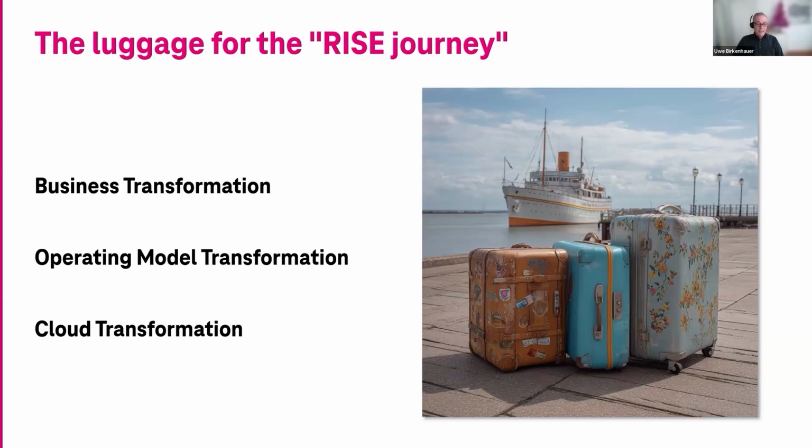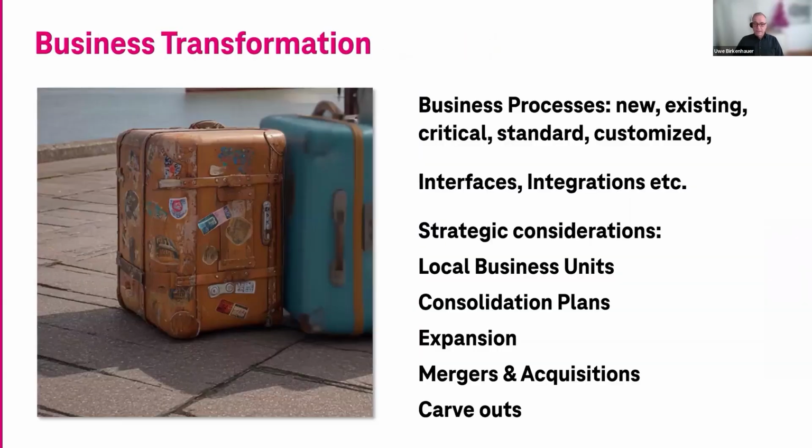Let's have a look at what this means. The first piece is the business transformation piece, and it's about something you see very tangibly, because it affects your business processes. There are new business processes that have not been there before, and you need to decide: do I want these business processes? Are they working for me, or can I just skip them?